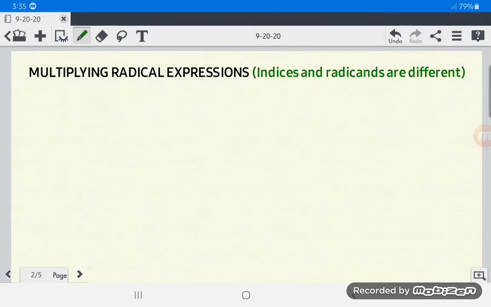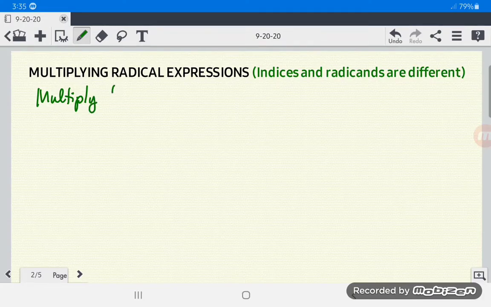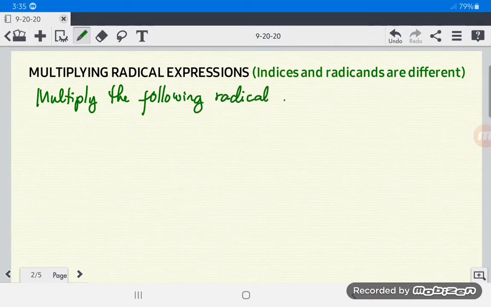So, let us have an example. Let us multiply the following radical expressions. Number 1.